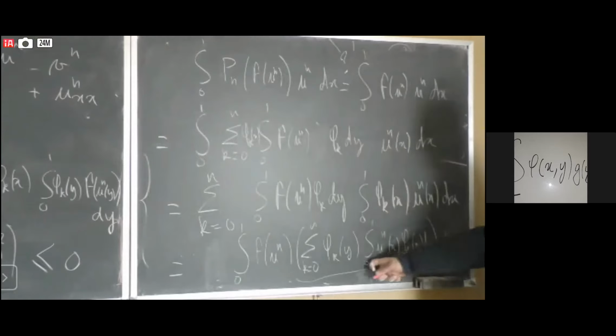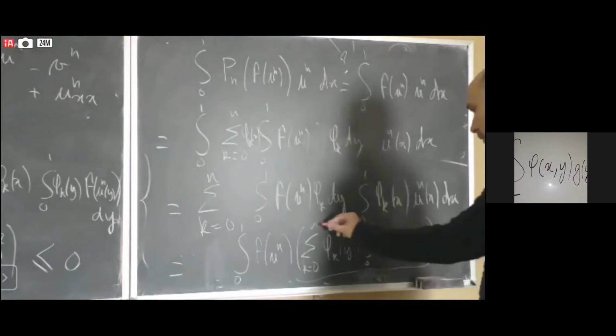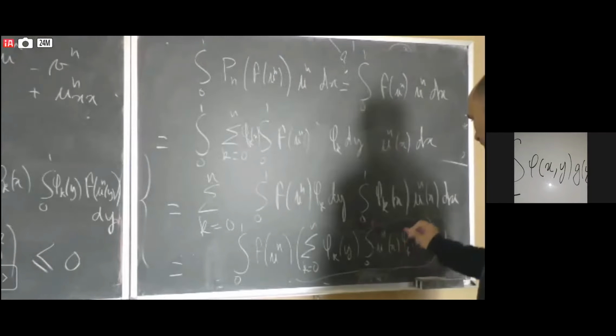This is just because my functions phi are not orthogonal basis. So this is just un k, and so this is my un, and so I got the result.